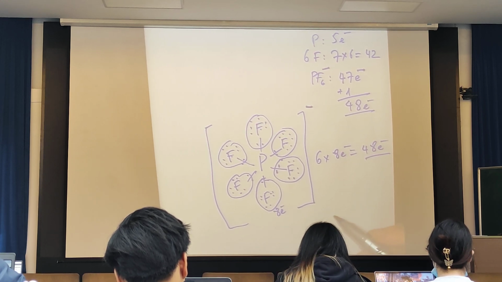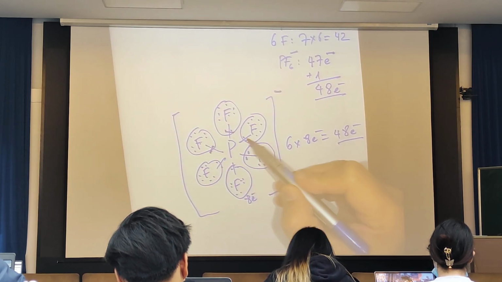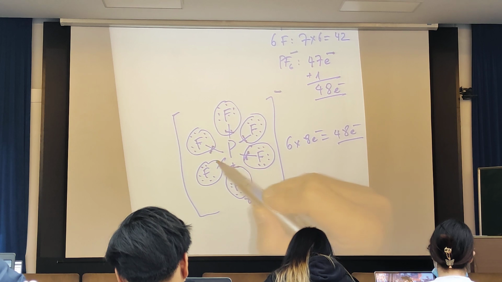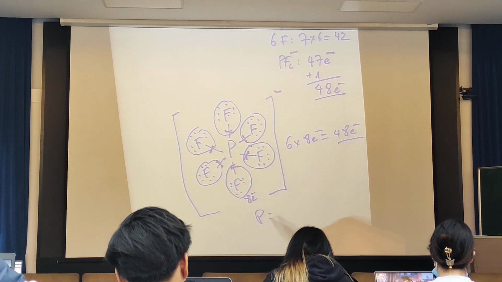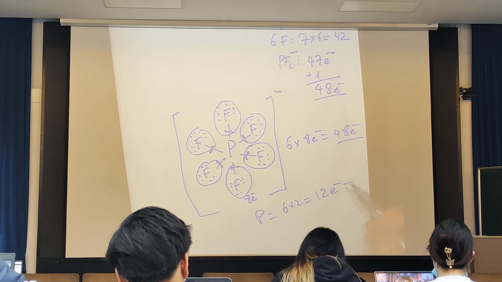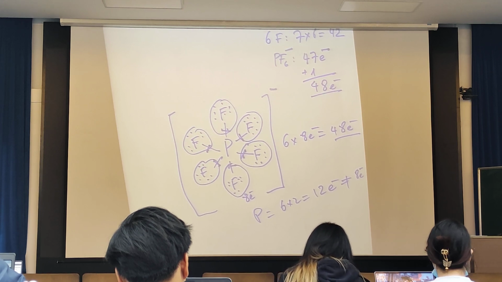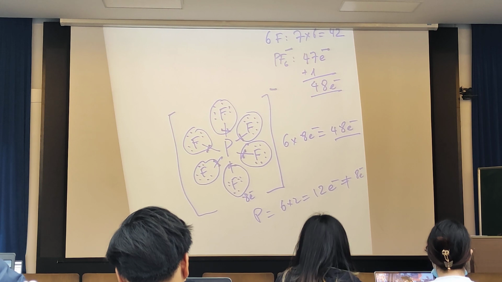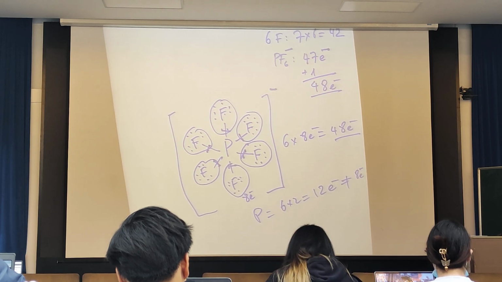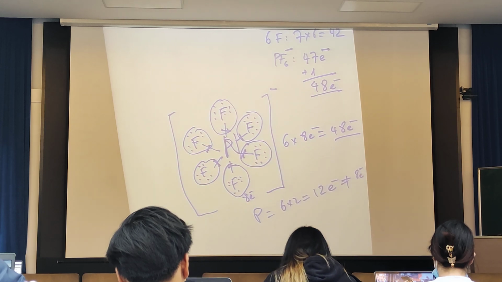Now, if you look at the phosphorus, it will have 1, 2, 3, 4, 5, 6. So the phosphorus will have 6 times 2 equals 12 electrons. It's different from 8 electrons. But if you look in the periodic table of elements, phosphorus is in the third row, right? The second row is nitrogen. So it means if you put nitrogen here, the compound doesn't exist.